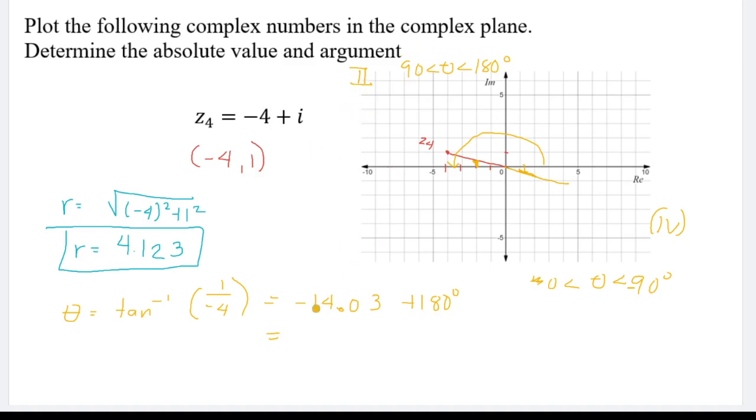So, if we solve negative 14.03 plus 180 degrees, that is equivalent to 165.97 degrees. So, kung mapapansin natin, this angle is bounded or pasok dun sa ating boundary. So, sabihin, this is the absolute value and the argument.